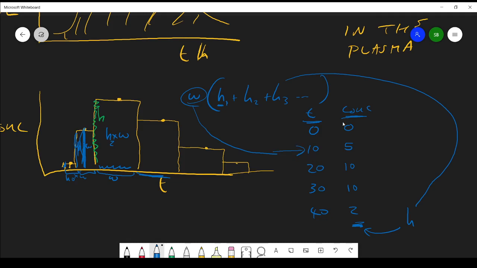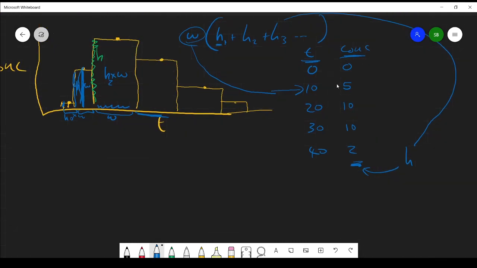So then a quick way of estimating it, and it is an estimate of course because there's an error, is you add all these up. So 0 plus 5 plus 10 plus 10 plus 2, that's 27. And then times it by the width, which in this case is 10.